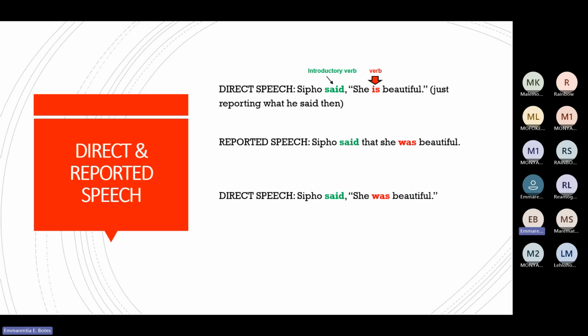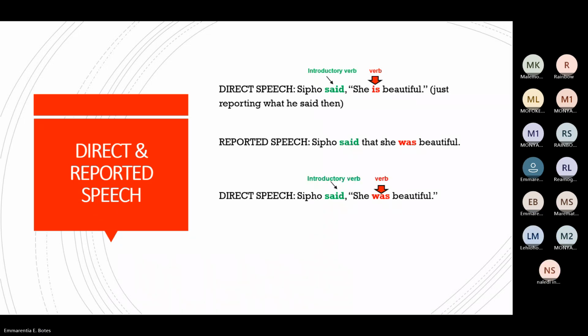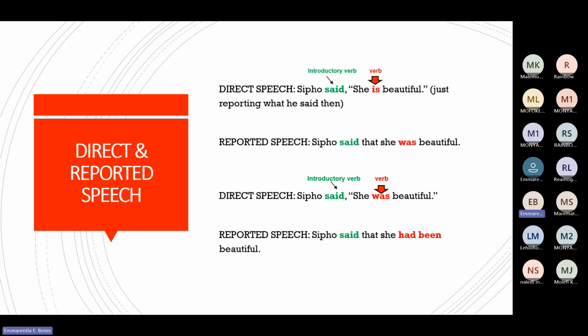If he said she was beautiful, meaning maybe now old age crept in, so she's not as beautiful as she used to be in her youth, then the introductory verb is still in the past, but our verb is now in the past. So then it will change to Sipho said that she had been beautiful. Do you see there the verb takes again a step into the past.